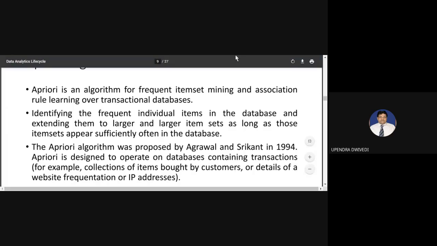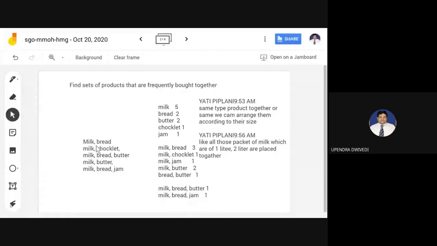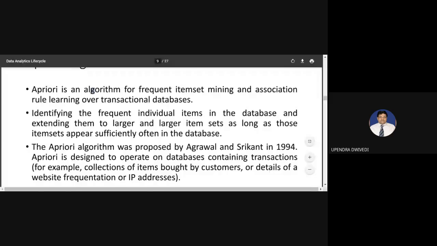As you can see, here we have found the frequent item sets in our given data set, that is milk, bread, and so on. Then we are trying to find the frequency of these item sets in larger and larger item sets. That is done in the Apriori algorithm.